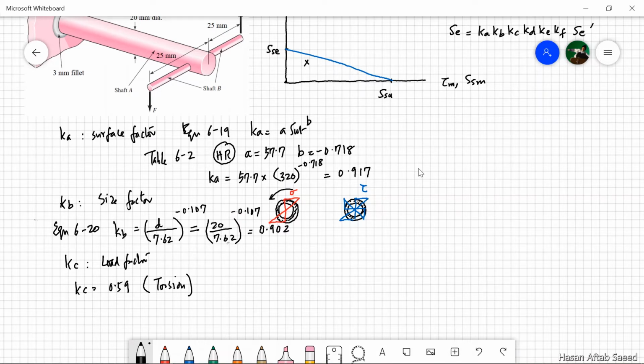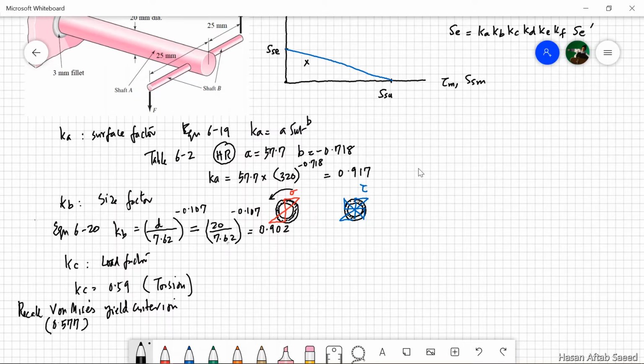And this 0.59 actually comes from, recall the yield criteria, recall the von Mises yield criterion. There was a number 0.577. For ductile materials, this number converts the normal strength into shear strength. So here we are essentially using this Kc to convert Se into Sse.